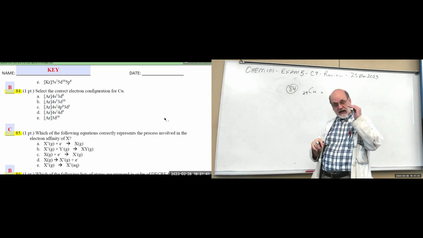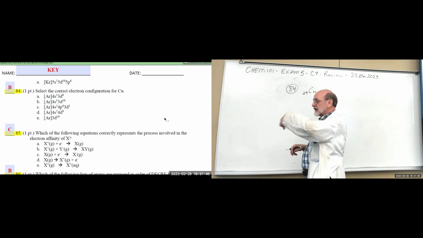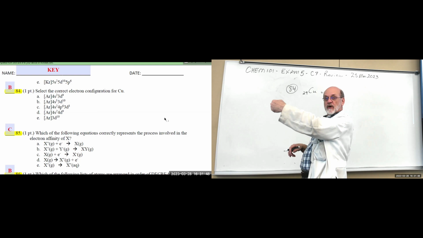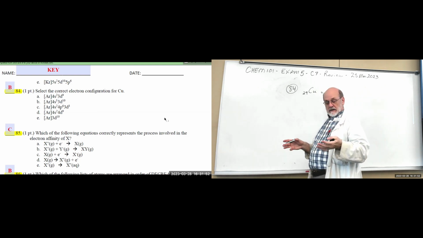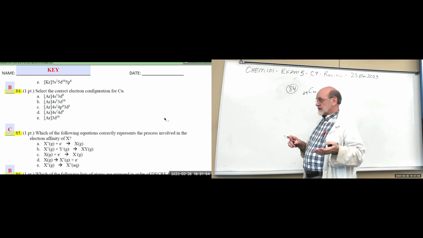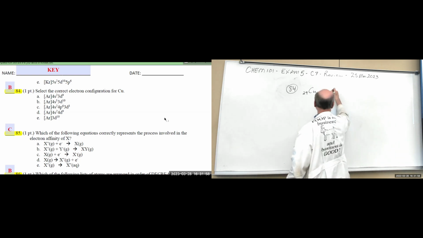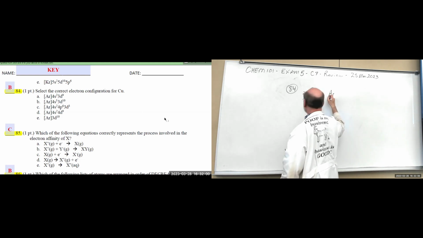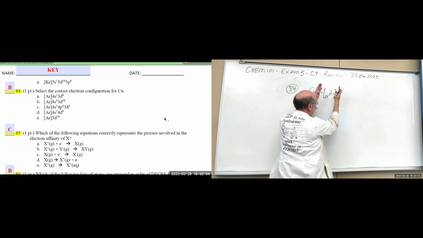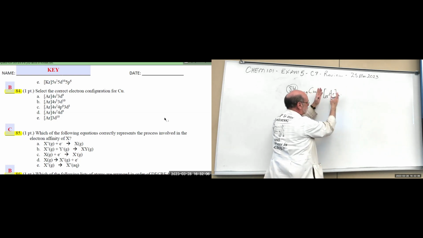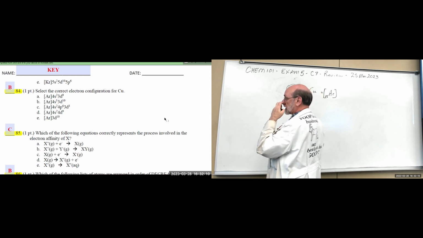If we take copper and work our way backwards through the period until we get to alkali metals and then jump up one period and go to the other end, we'll find the noble gas. So if we do that, we go back to argon. And argon has 18. So the core structure is argon, and then past argon is potassium.